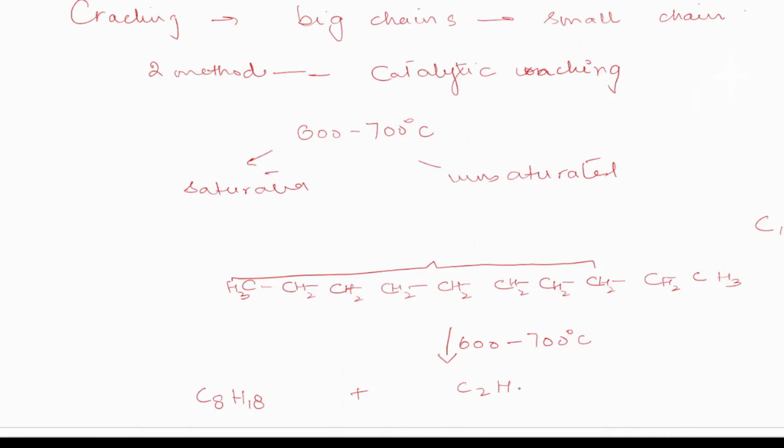C2H4. What would be the structure of C2H4? It would have a double bond. So there would be formation of a saturated hydrocarbon and an unsaturated hydrocarbon. This is the only reaction that is going to be part of your syllabus, or maybe there would be more carbons, then you have to add a double bond in some of them.